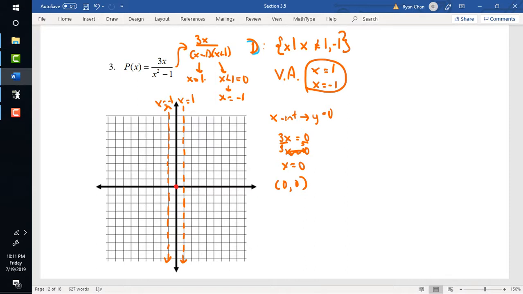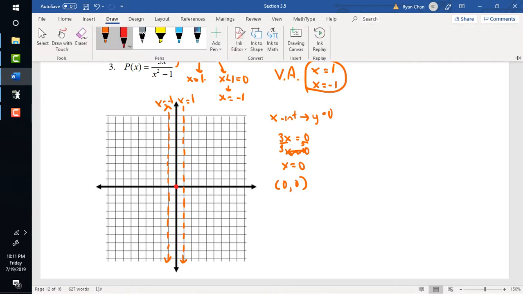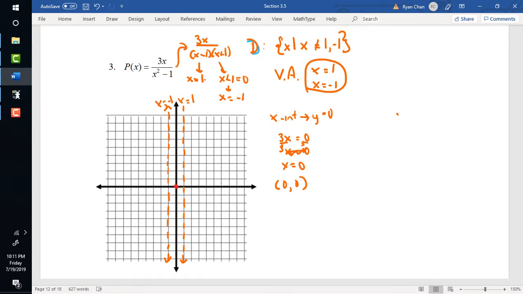So let's look back here. Notice I have 3x over x squared minus 1. So if you take a look at this here, this is degree of 1. This is degree of 2.